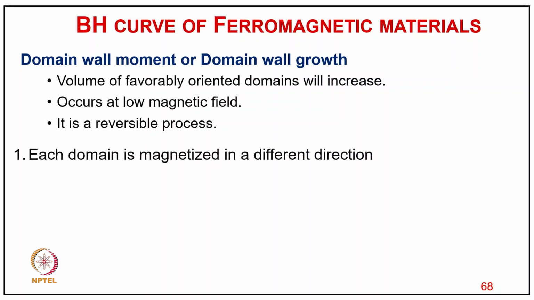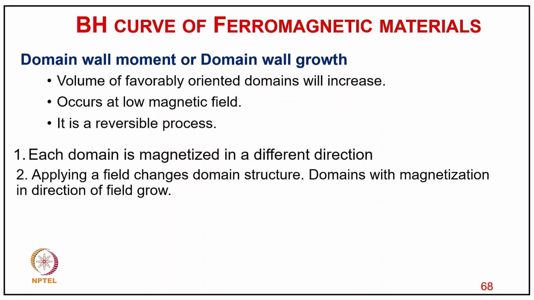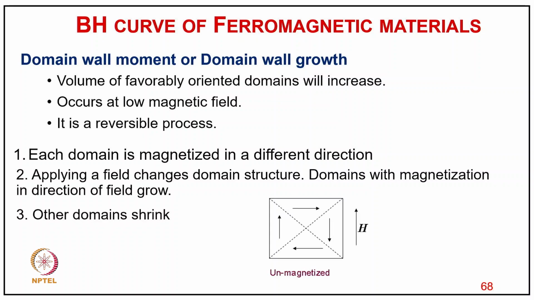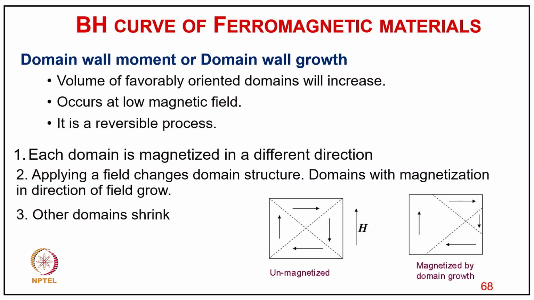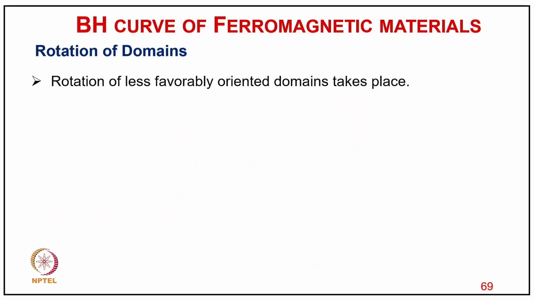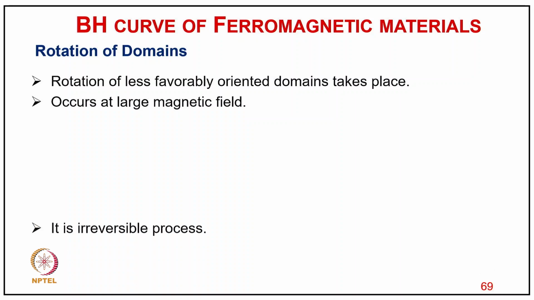Each domain is magnetized in a different direction, and applying the field changes the domain structure: domains with magnetization in the direction of the field grow, and other domains shrink. As you can see in the example, unmagnetized and then magnetized, the domains move under magnetized conditions. Now coming to rotation of domains, the rotation of less favorably oriented domains takes place and occurs at a large magnetic field.